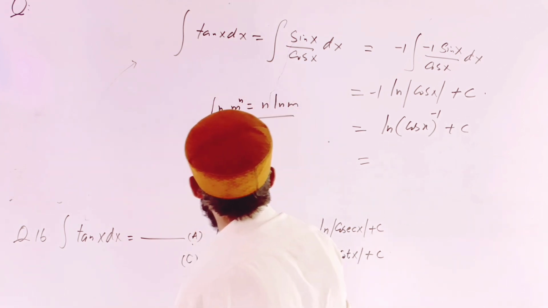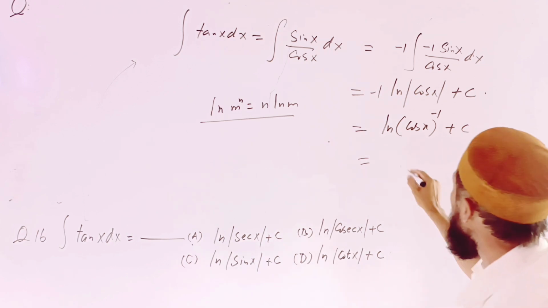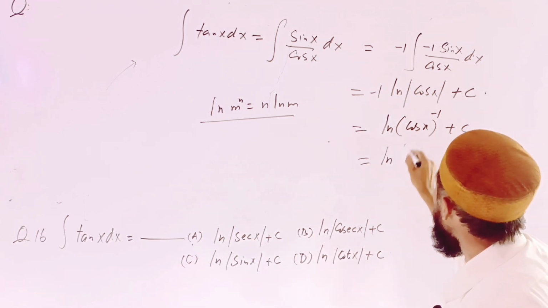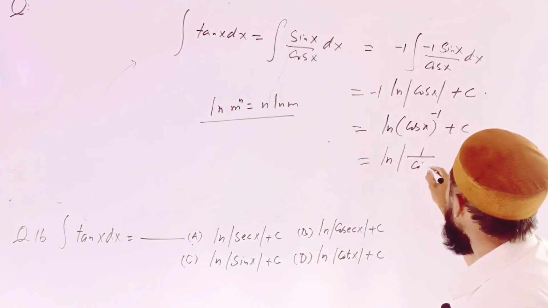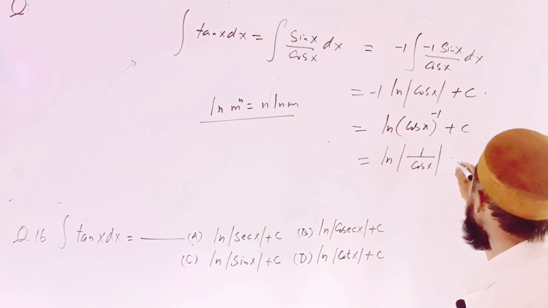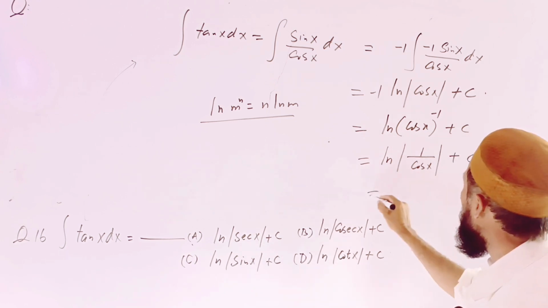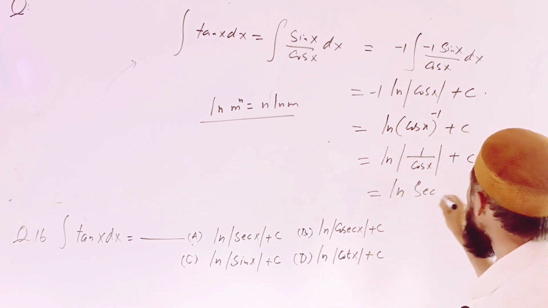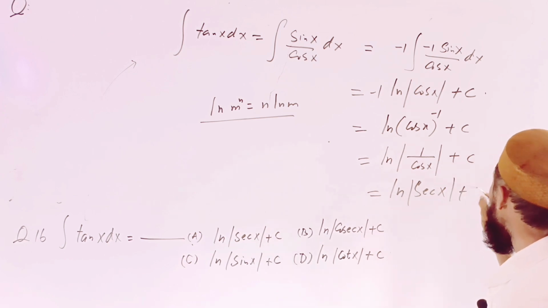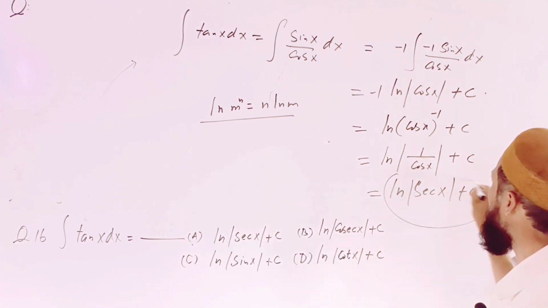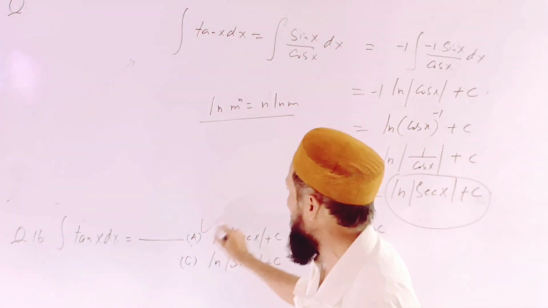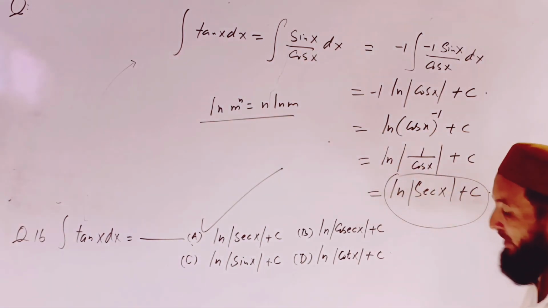So we change the minus 1 and write log of 1 divided by cos x plus c, and this will be log of secant x plus c. So the result is changed here, so option A is the correct option.